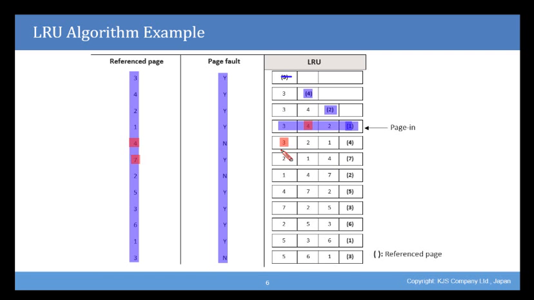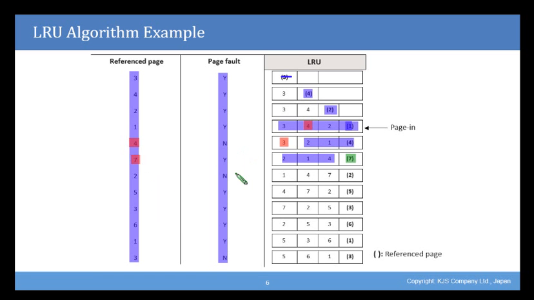This happens to be 3 in this case, as it was the first page accessed. So we remove the 3, and what you can see here is that the 214 will stay constant, and we will insert our 7 at the front. This is the kind of algorithm that we're going to perform whenever we have a page fault, i.e. we try and store another page when there is no more room in main memory.